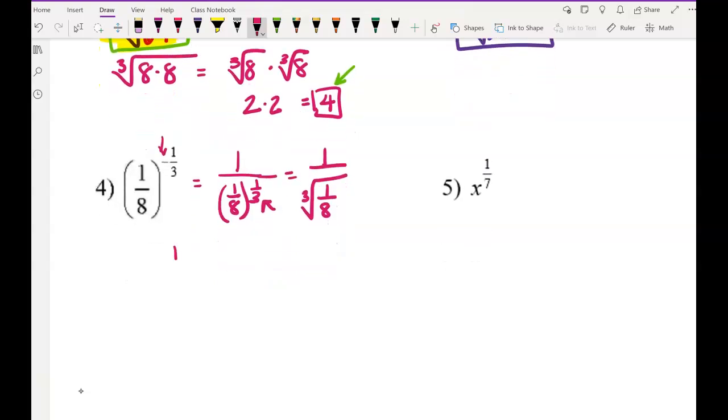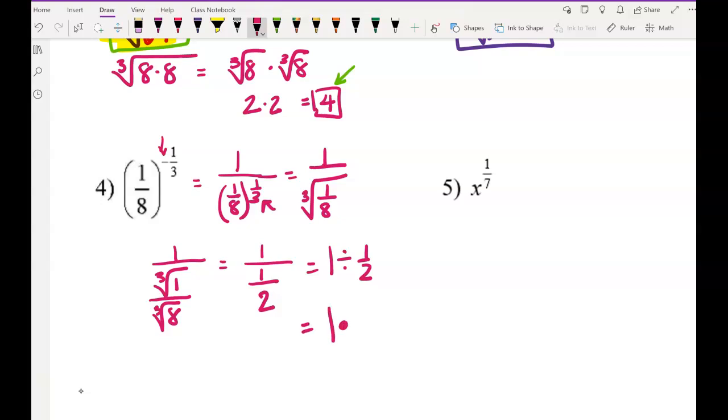And that's going to give us 1 divided by cube root of 1 divided by cube root of 8, which is the same, guys, as 1 divided by 1 over, because cube root of 1 is 1, cube root of 8 is 2. This is the same as writing 1 divided by 1 over 2. When we multiply by its reciprocal, it's going to be the same thing as 2 over 1, which is the same thing as 2. So we simplify and we box up 2.